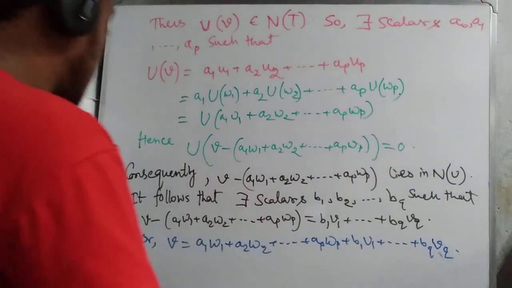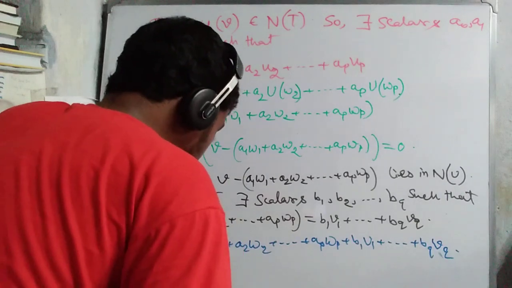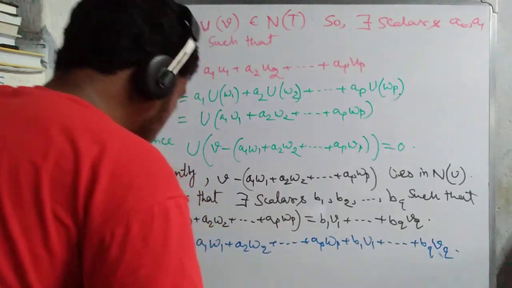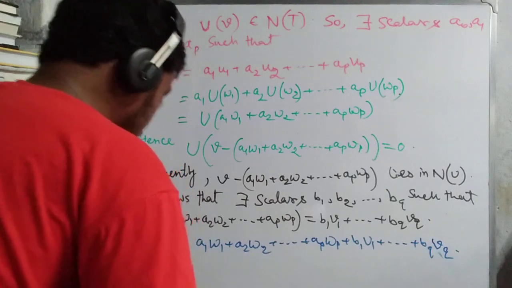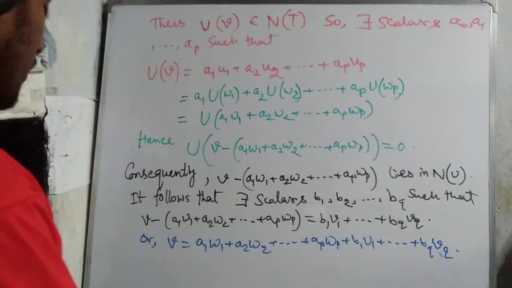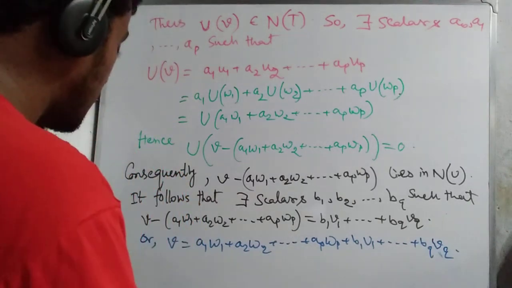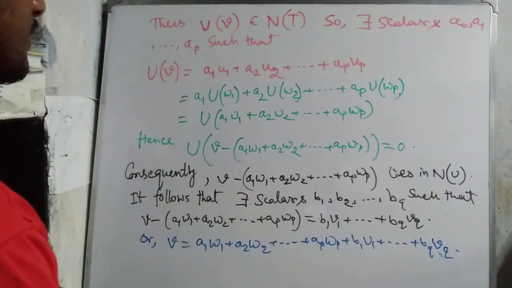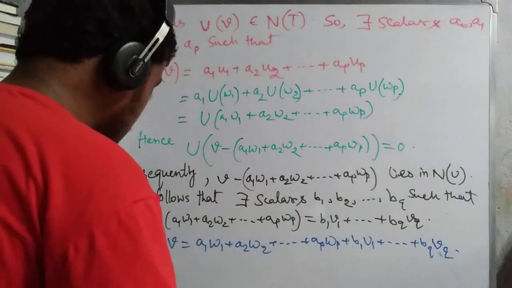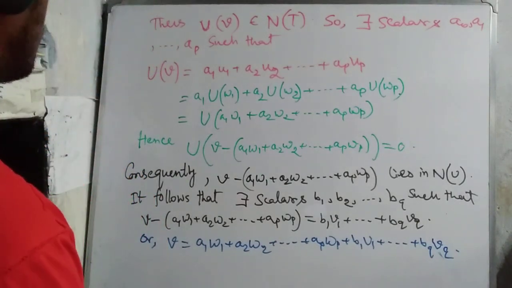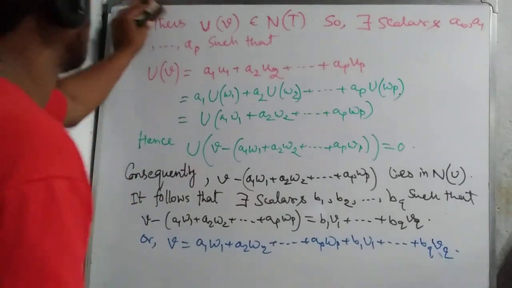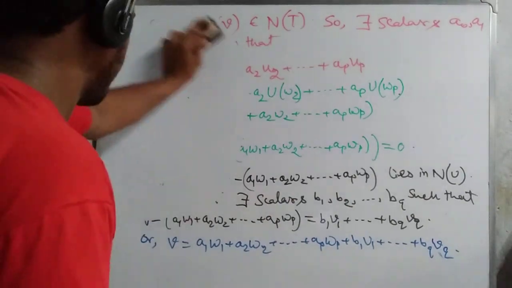Then this implies that v is in the linear span of beta. Obviously beta spans N of TU, since v is arbitrary.